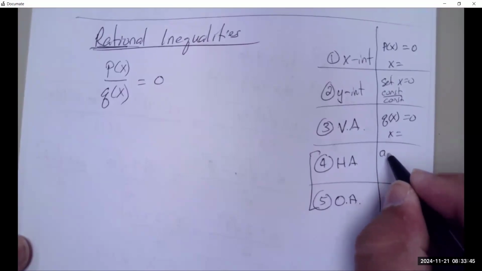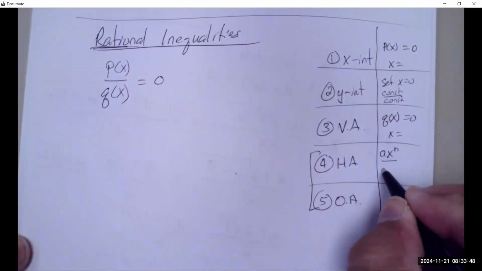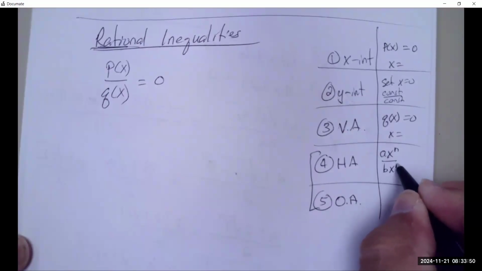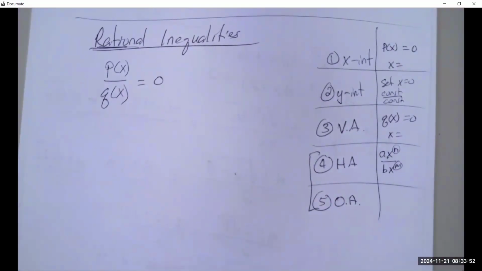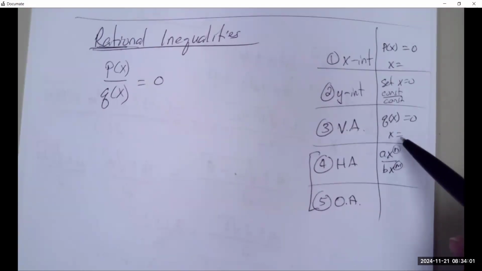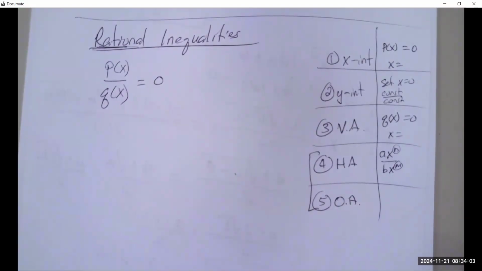Look at the degrees of the equations and compare those two. There's only 3 things. Either the top can be bigger than the bottom, the bottom can be bigger than the top, or they can be equal. And so you have 3 possible conditions there.